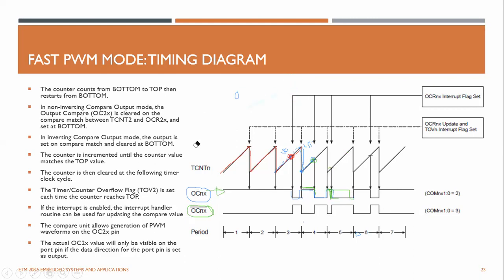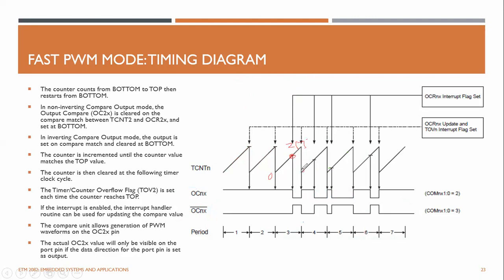So that's the operation. Like I mentioned, you have to write the value to your OCR0A register, and when the timer meets that register value, the OCR0A pin will be cleared, and the timer is counting from 0 to 255. When it reaches the OCR0A value, this pin will be cleared.